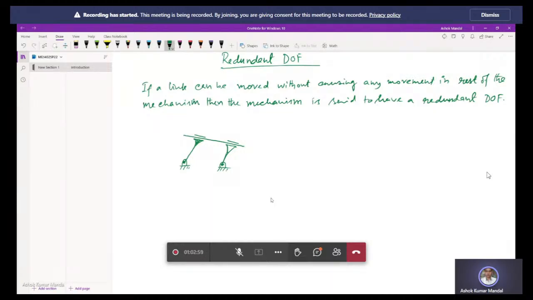So this is a kinematic diagram of a mechanism where link 1 is fixed. Link 2 has a slot at the other end here, and on that slot, this link 3 is fitted, and link 4 is similar to link 2.